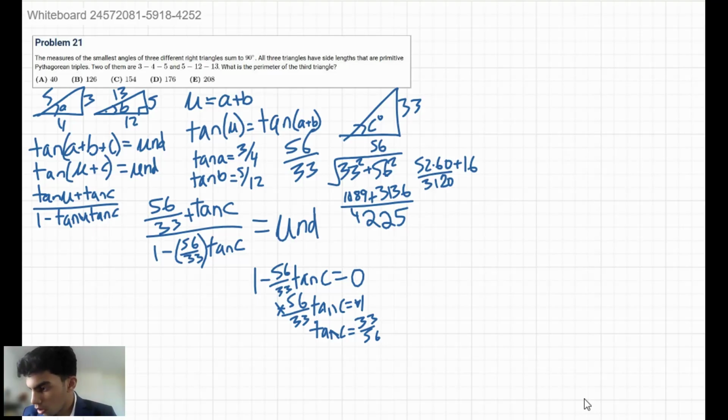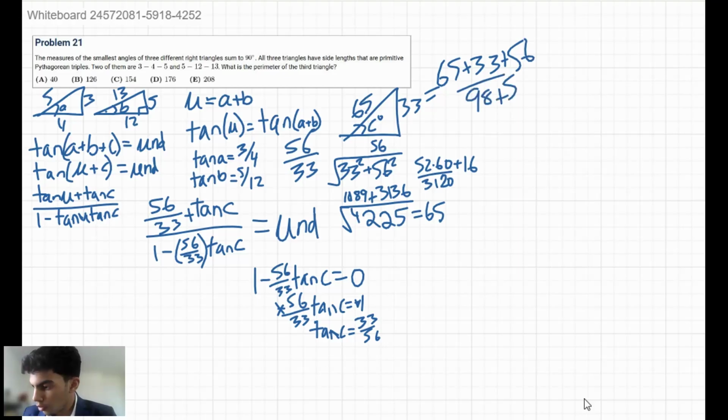Okay, so that means that when we take the square root of that, this would be 65, so that's the hypotenuse. Okay, well, there is no GCF between these three numbers, which means that this is a primitive Pythagorean triple. Adding these three numbers up would give you 98 here, and then adding 56 here would give you 154 to be your final answer.